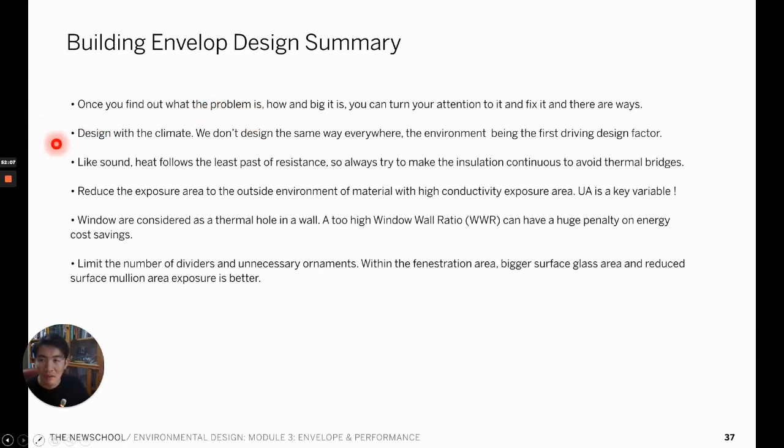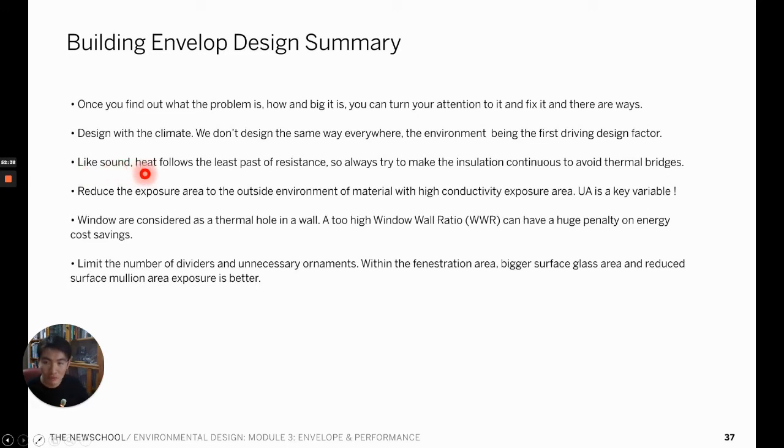And you should look at the climate data and understand what the climate is, because it will change the design based on the location. The environment should be the first driving factor for the design. And the last thing that we talked about is sound or water.